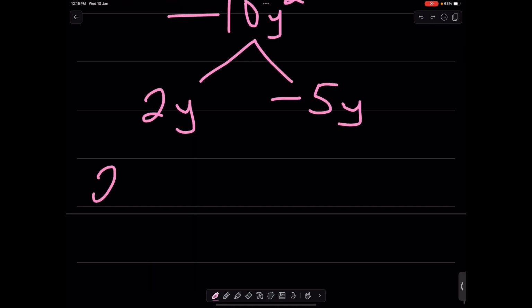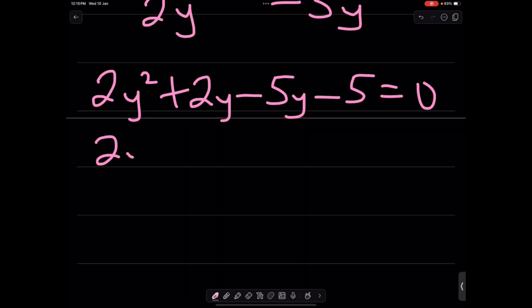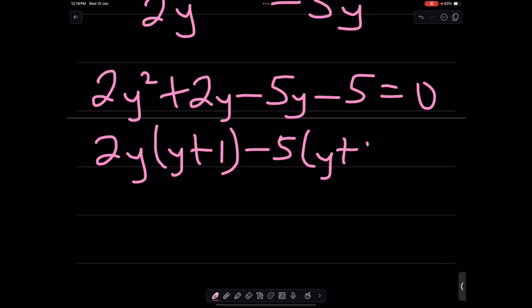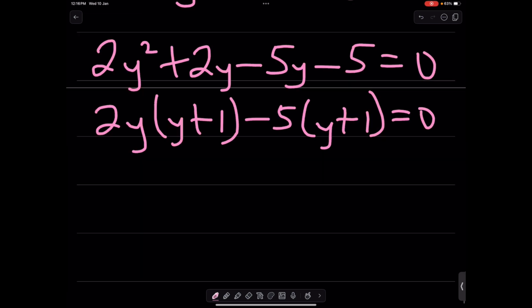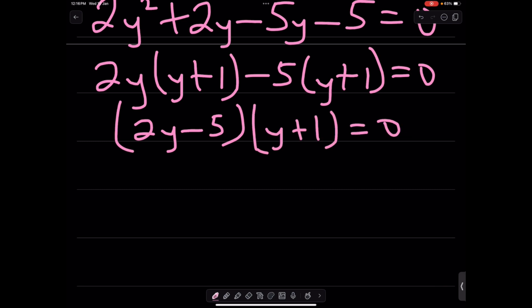We have 2y squared plus 2y minus 5y minus 5 equals 0. And that simply means 2y into bracket y plus 1 minus 5 into bracket y plus 1 equals 0, which simply means 2y minus 5 times y plus 1 equals 0.